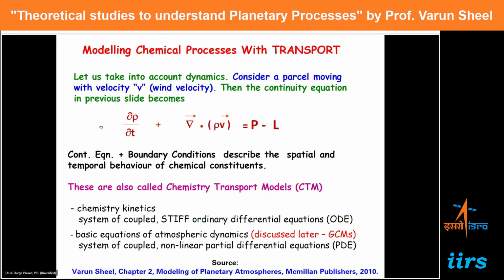then we consider a finite volume of air parcel, which contains the given atmospheric species or gases, which moves along with the velocity of the wind, whatever it is. So the continuity equation we derived previously, which we can call a static one, can be extended to a dynamic one by using this, which is ∂ρ/∂t plus divergence of ρv, which is production minus loss.